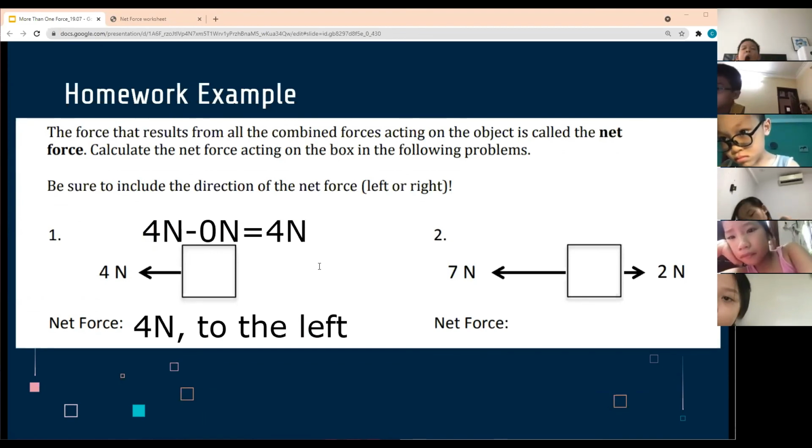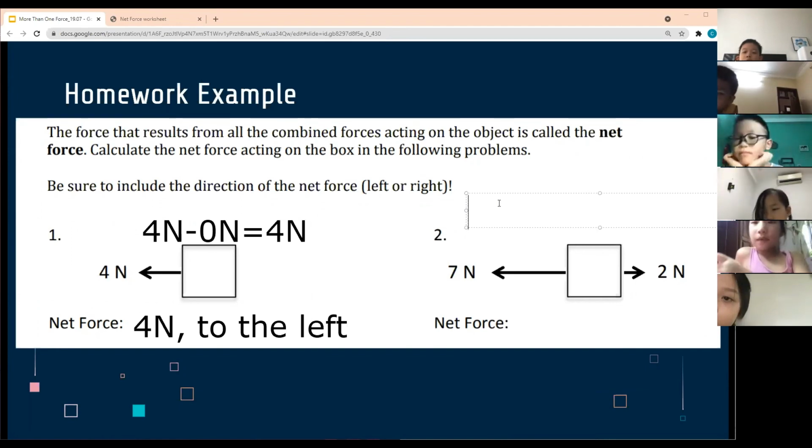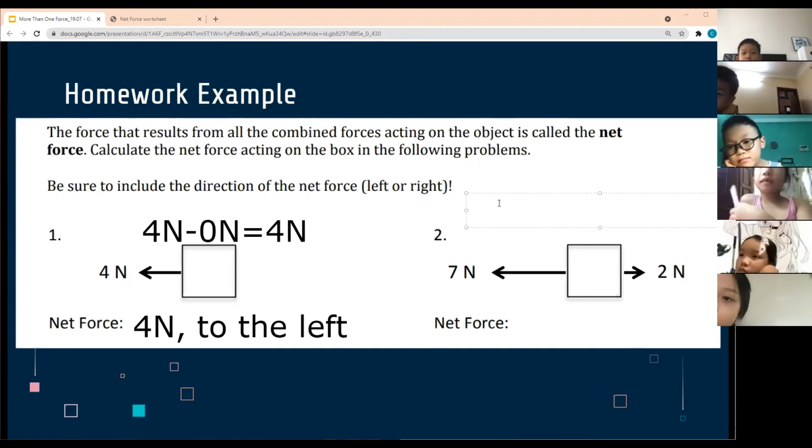Now let's look at number 2. This time you're going to have to subtract. Let's have Sarah. Sarah, can you subtract these for us and then tell us the net force? Okay, Sarah, what is the larger force, 7N or 2N? 7.